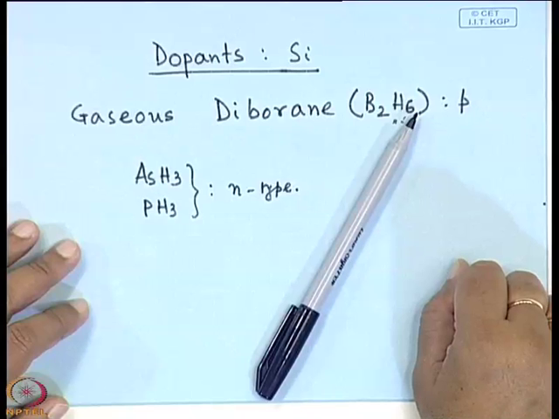Can you remember one example where I said that for 50 kg of silicon, only some 3 to 5 milligram of dopant was used? So, how will you control? For controlling you have to dilute. How will you dilute?